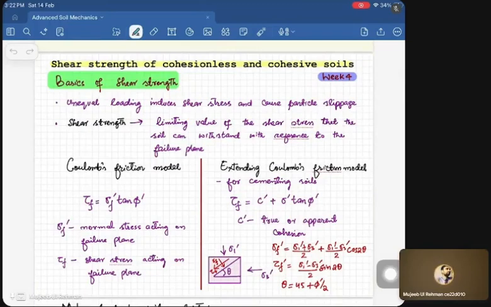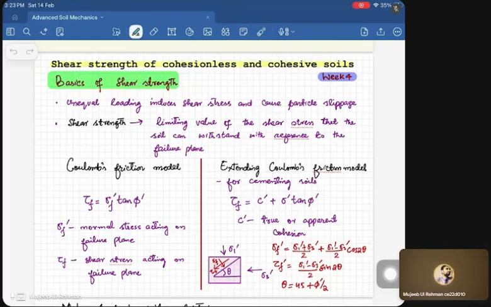We know that if a sample is subjected to all-round equal stresses, that is not going to shear the sample. It is simply what we call consolidation, where we apply equal stresses on all sides of the sample and allow the sample to change volume.